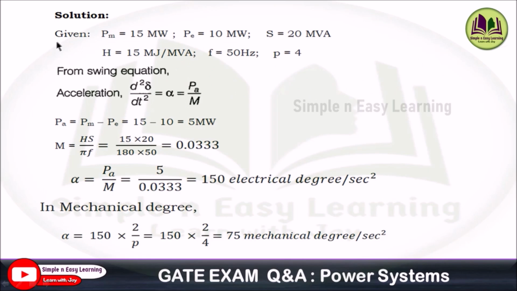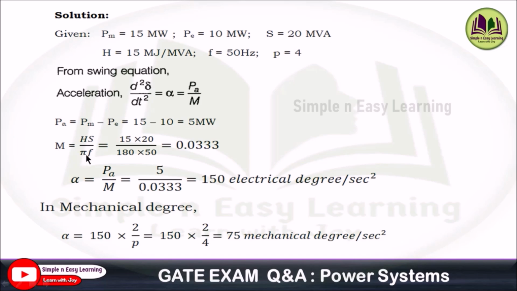We consider the swing equation of an alternator, so the acceleration is given as d square delta by dt square, equal to alpha, equal to Pa by M, where Pa equals Pm minus Pe, the mechanical power minus electrical power. So 15 minus 10 gives you 5 megawatt.